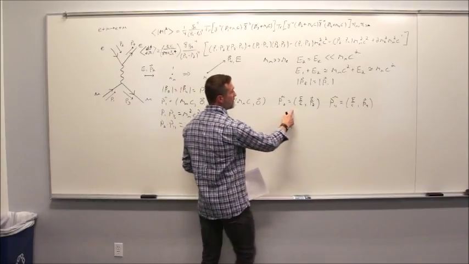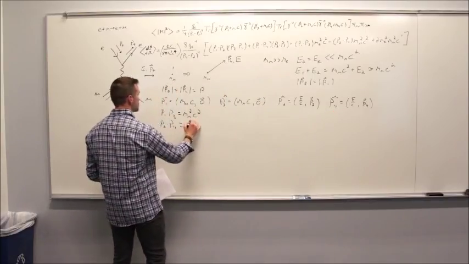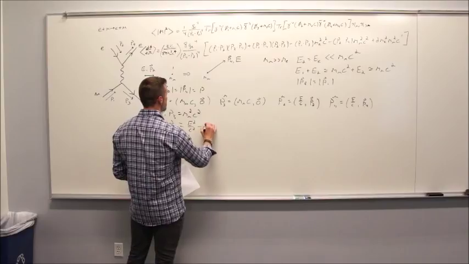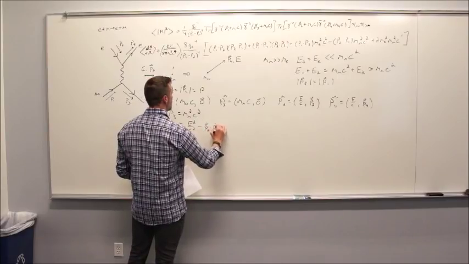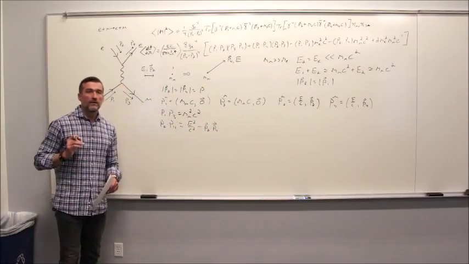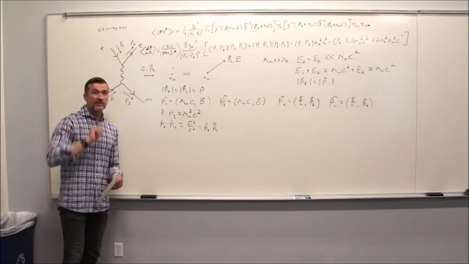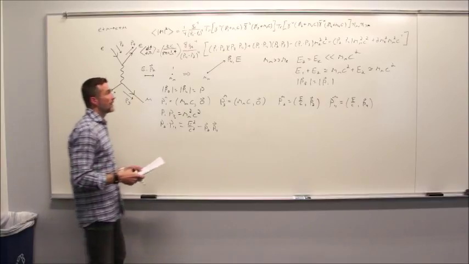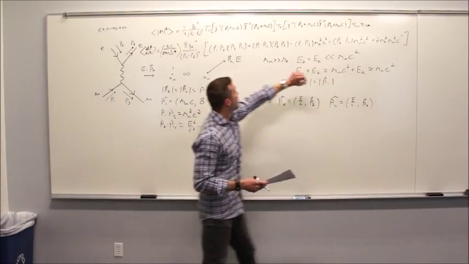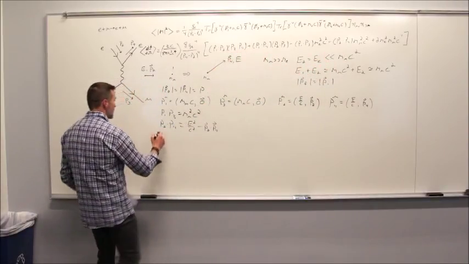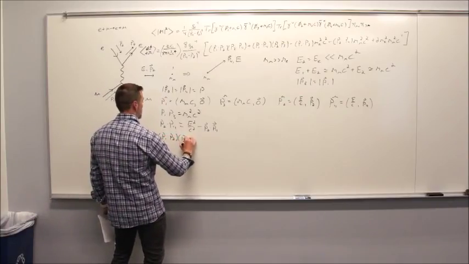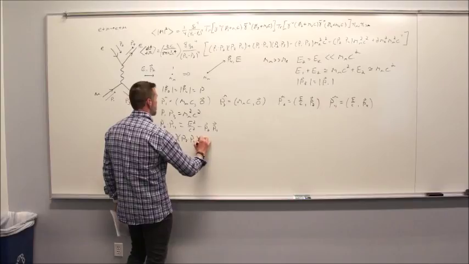P2.P4 is E squared over c squared minus the spatial momenta dot product. Okay, there's the minus you wanted to show. We good? We need that term for this. And then I'm going to need these, and I'm just going to write down the results.